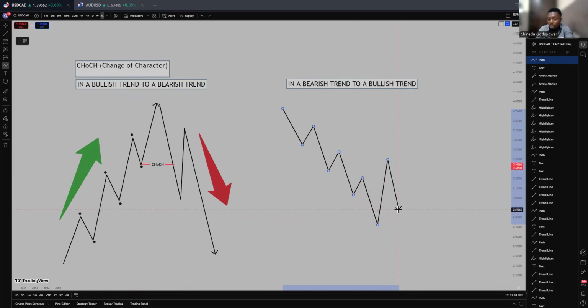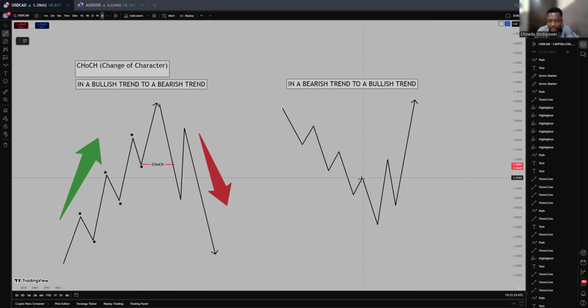A level of discount, and then push higher. Now we're going to get into the topic of discount and premium prices, so we can have a better understanding of how to take advantage of assets in the forex space and how to invest our money in buying and selling of an asset in the forex space.